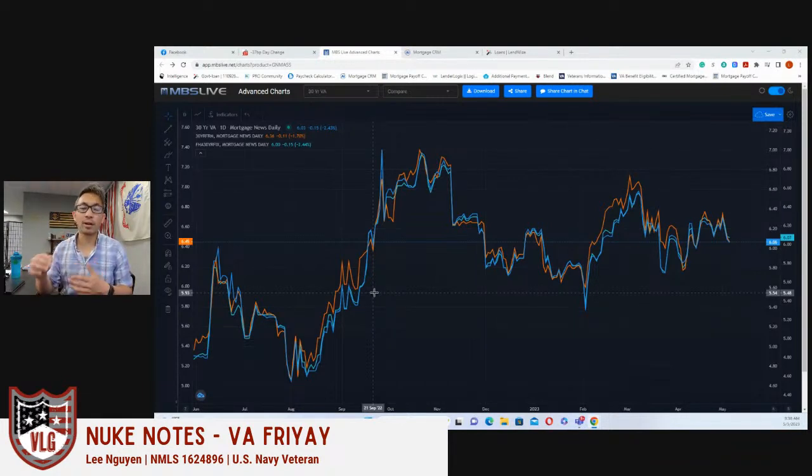For conventional versus all the other government-backed loans, VA, FHA, USDA, you can see that conventional is typically a little higher. It's usually not by much, maybe an eighth, maybe 0.25% at most. Sometimes there are times when conventional's better than VA, and you can see it at these moments here.